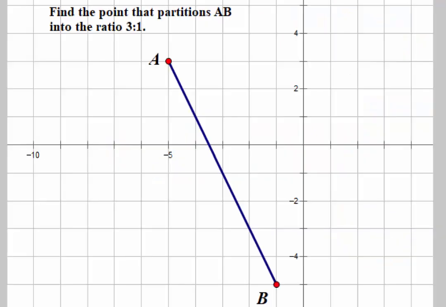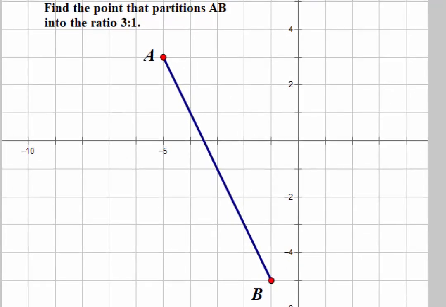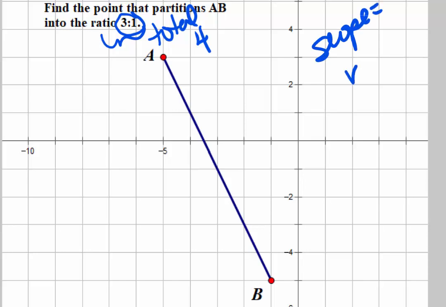And putting it all together, when you look at something like this, if we're doing the ratio of 3 to 1, then we definitely want to make sure that we break this up into a total of 4 sections. And like we were doing before, focus on your slope, focus on your rise and your run.